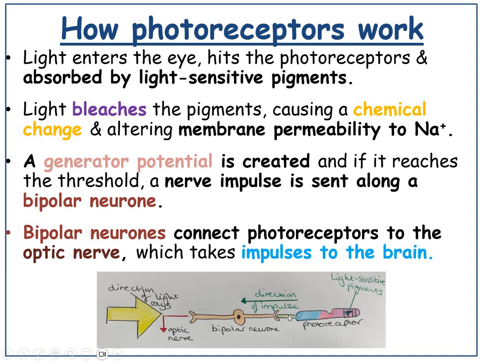And then a generator potential is created, and if this is enough to reach threshold, eventually the nerve impulse will be transmitted along the bipolar neuron, and then bipolar neurons connect the photoreceptors to the optic nerve, which takes impulses to the brain.